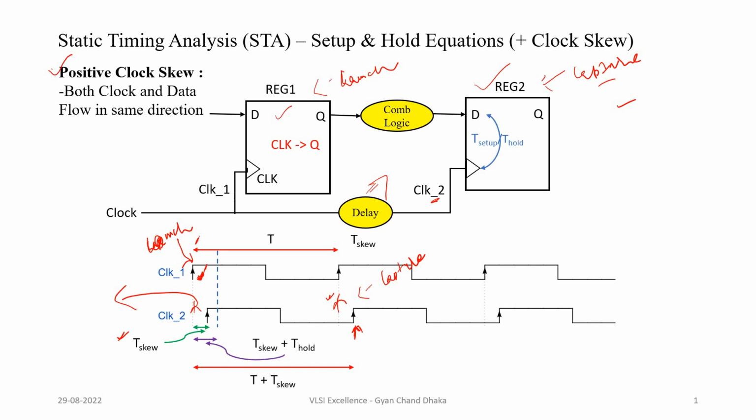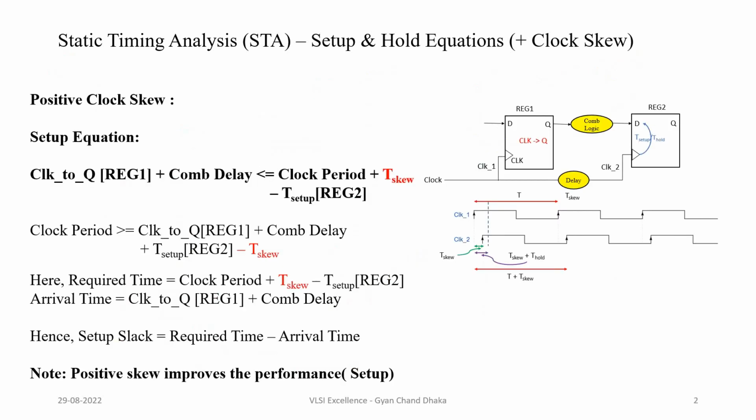You have to remember that in the positive clock skew case, this is the data flow, and the clock is also going from register 1, the launch flop, to the capture flop. So the delay is getting introduced in this path. Both the data flow and the clock directions are the same way. So the clock skew introduced in this case is nothing but a positive clock skew.